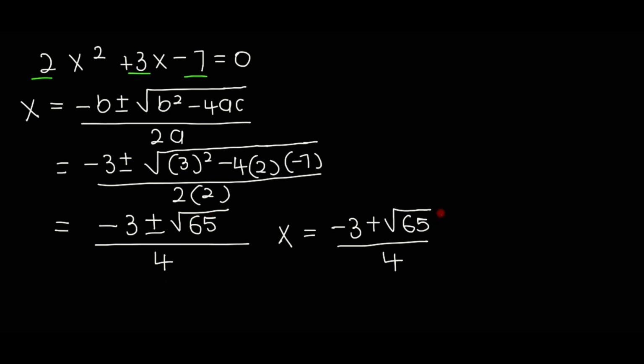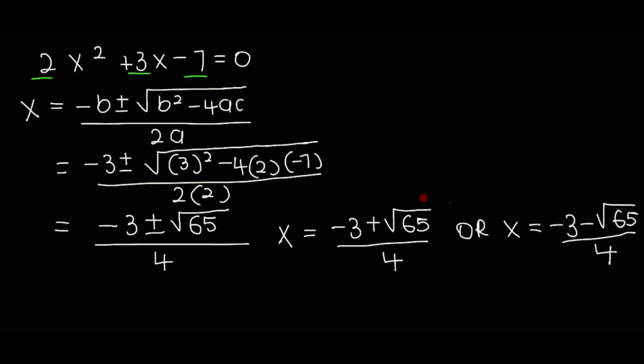If we press the calculator it will give root 65, so that is why I wrote it that way. And then or x equals minus 3 minus root 65 over 4.